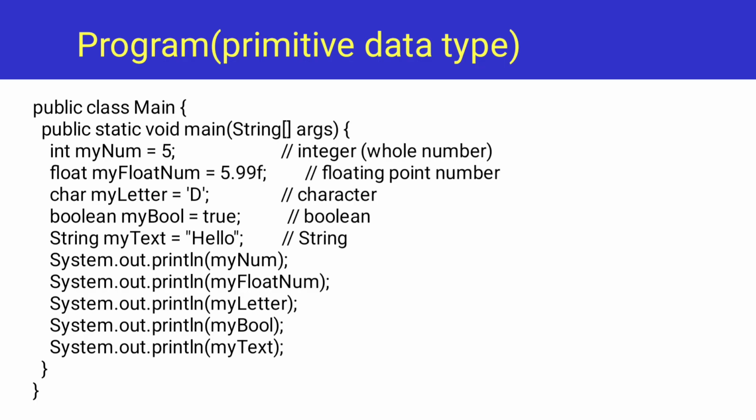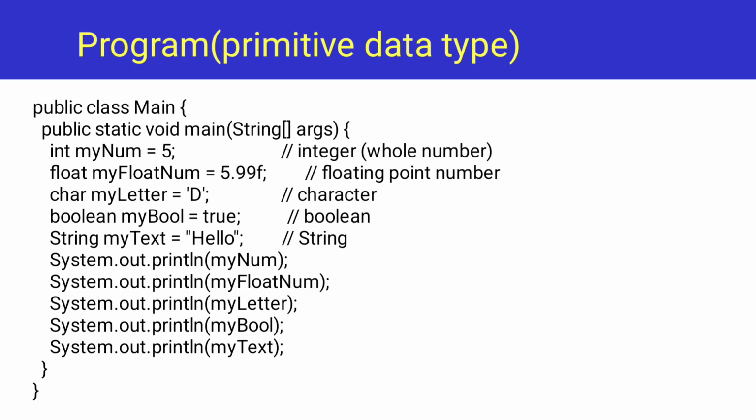Here we give the value, it's a floating point number. The next is char my letter equals, in single quotation, d, which is a character. Boolean can be true or false, anything you can assign. String my text equals hello, as a string. So you can see here all the data types, all the primitive data types.